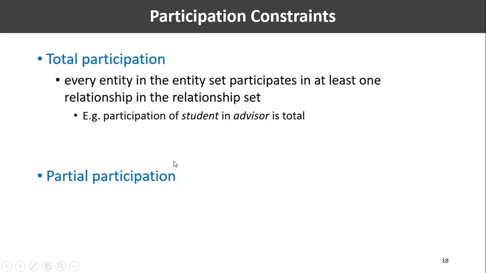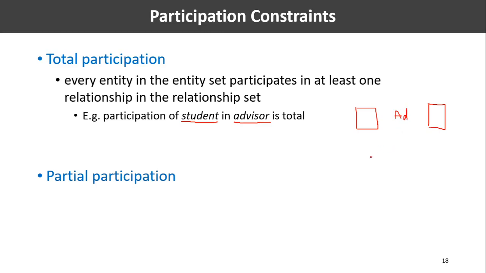In our running example, if we look at the participation of the student entity set in the relationship set advisor, what can we say about this participation? We have student and we have instructor, and these are related with the relationship advisor.